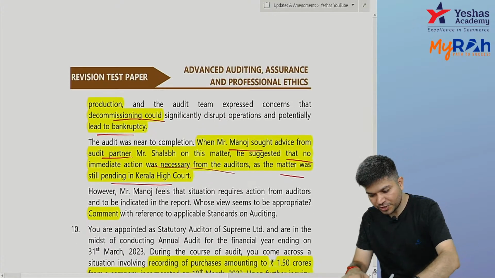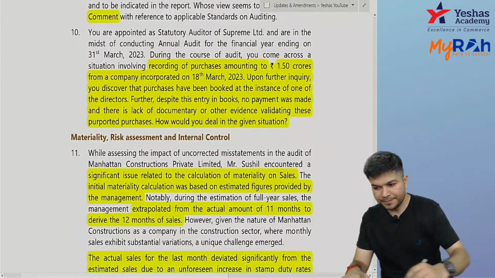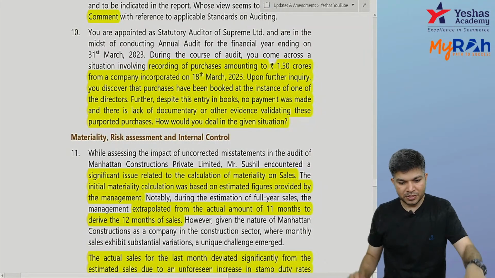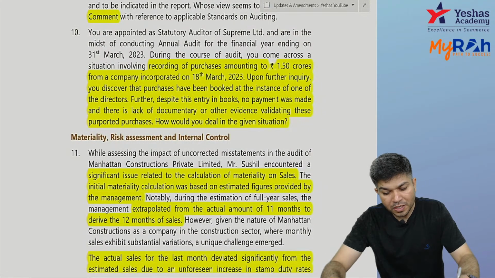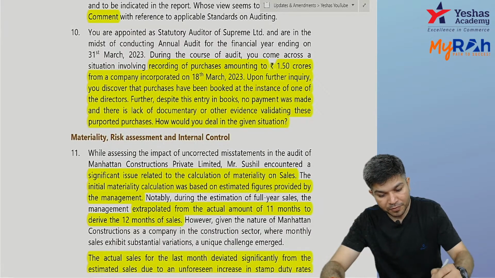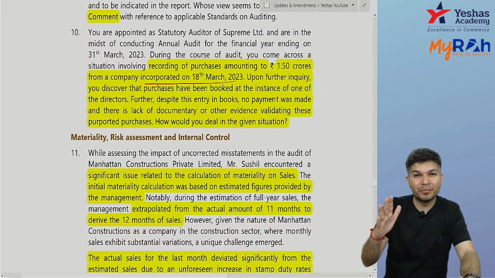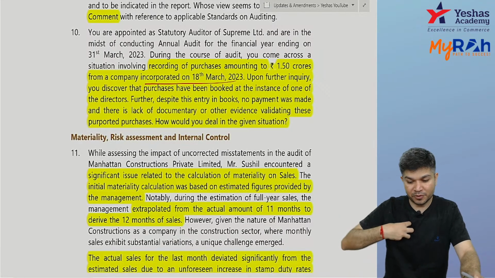Okay, moving ahead, question number 10. Recording of purchase amounting to 1.5 crore. There's a new company incorporated on 18th March from whom we have purchased 1.5 crore.